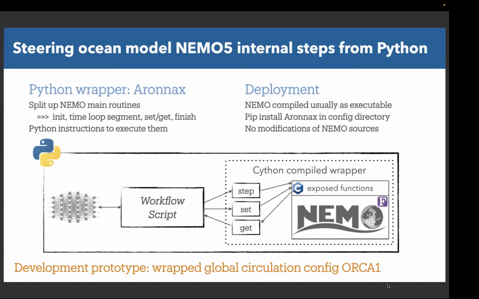In practice, once NEMO is compiled and parameterized with the input files, the simulation starts, and we need to wait for it to finish. What we want to achieve now is to split up the NEMO main routine to steer the steps of the ocean modeling experiments.